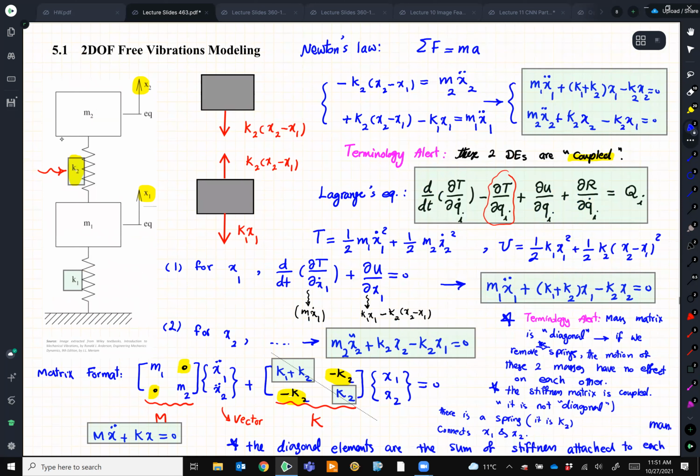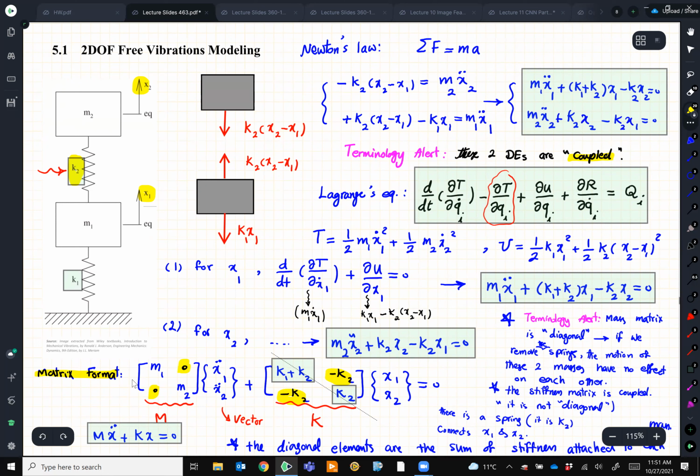So let's summarize. We had a 2 degree of freedom system. We used Newton's and Lagrange method. We ended up with 2 differential equations. We said these 2 equations are not independent. They are coupled. They are connected, right? And then we write them in a matrix format because it's easier to work with them.